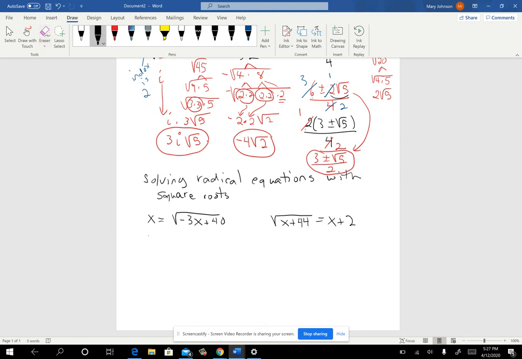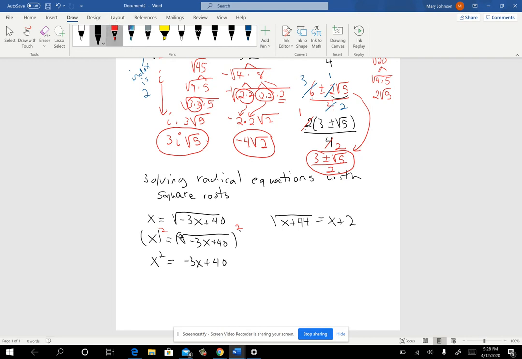So what you do is you come in and take what you had, and you're going to square both sides. So you're going to raise the left side to the second power, and you're going to raise the right side to the second power. So on the left, we have x squared, and on the right, we have just negative 3x plus 40, because that 2 right there undoes the square root that we have. So we get to here.